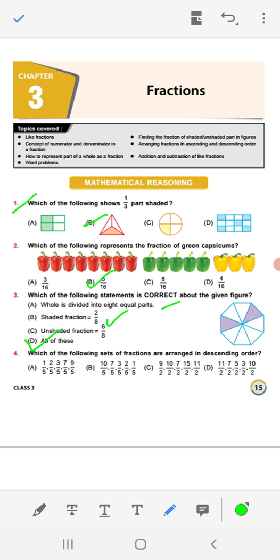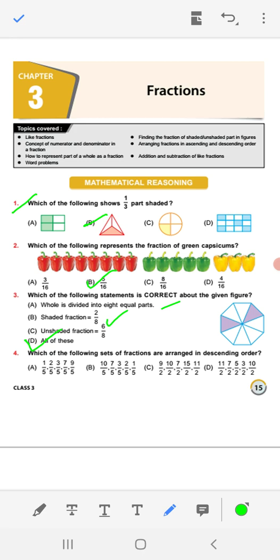Pass to the question number 4. Which of the following sets of fractions are arranged in descending order? Descending order means larger to smaller number. And see the fractions in every group, the denominators of every group of fractions are same. So we will compare from their numerator.